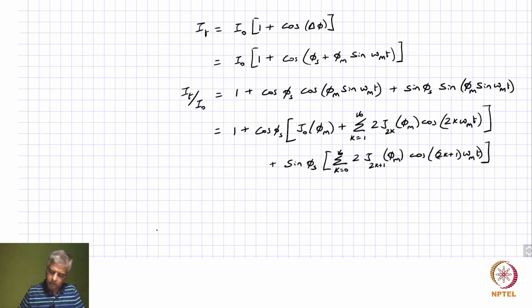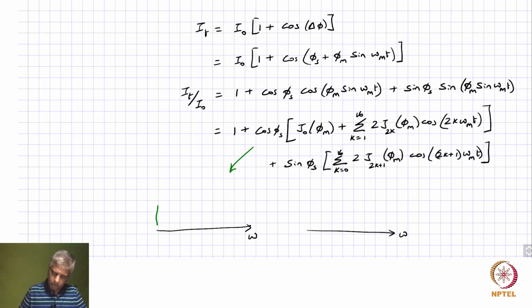So like we looked at previously, you look at it in terms of omega, and you see the even and odd terms. I can just use say green color for representing all the even terms. So you have basically something at 0, some component at 2 fm, and some component at 4 fm and all that.